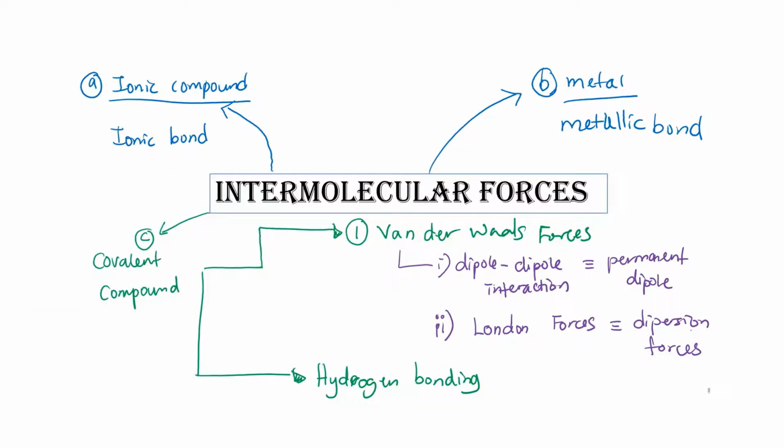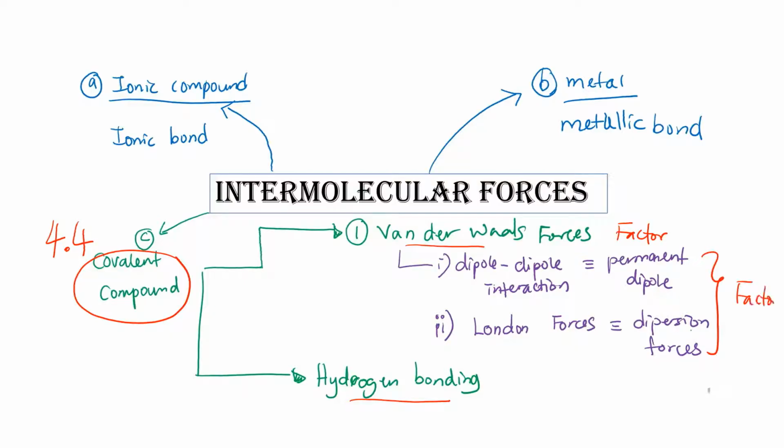Class, so now I give you an overview of this chapter 4.4. The 4.4 covers the covalent bond, the intermolecular forces of the covalent bond, which we study in detail for the van der Waals forces and hydrogen bonding. For each of them, you need to know what the factors are that affect the strength. For sure, there must be a reason that causes the intermolecular forces to become stronger.